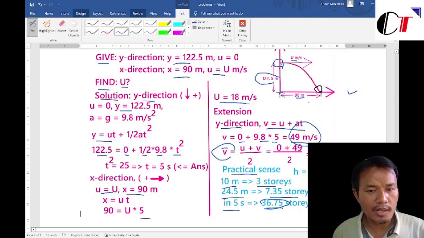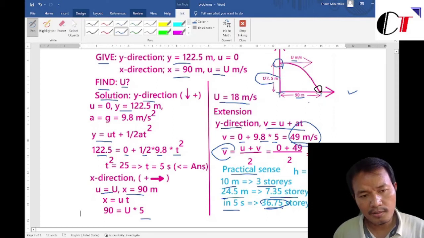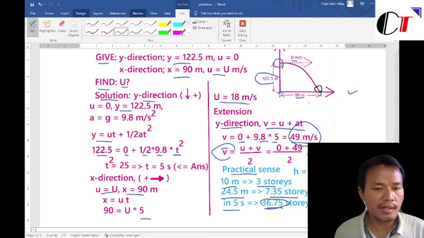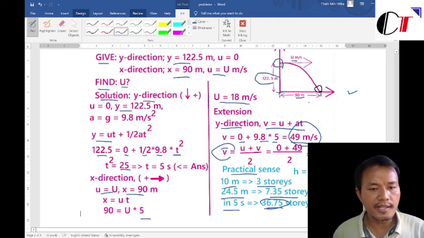Then t square can be found by moving half and 9.8 to the left side, where we multiply by 2, and divide by 9.8. So 122.5 times 2 divided by 9.8, you will get 25. So t squared is equal to 25, and taking the square root of that, you will get the time t, which is just 5 seconds.